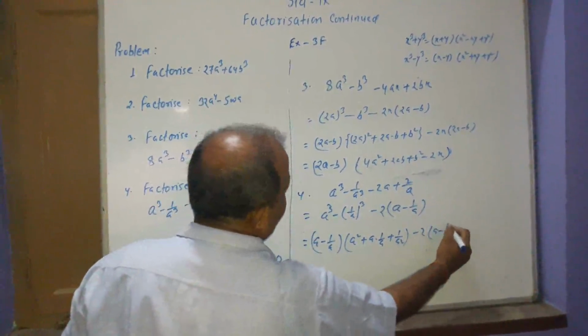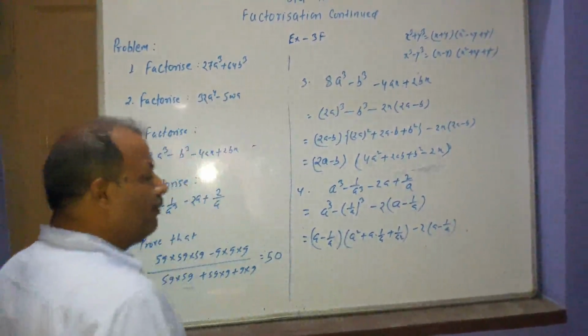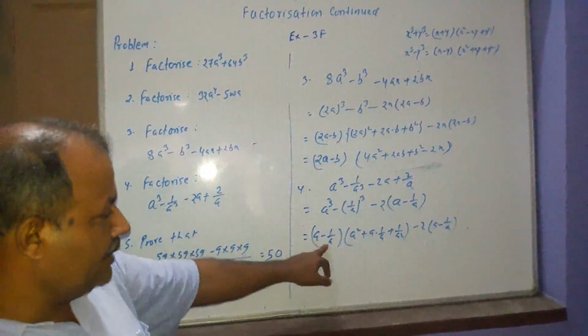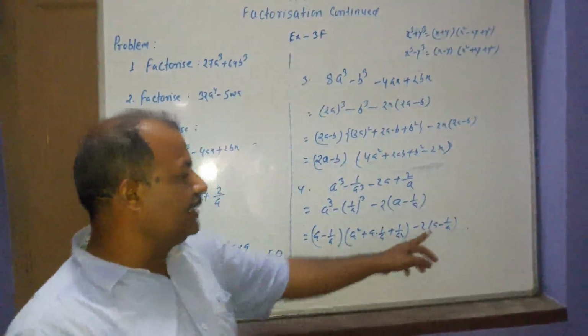Then minus 2 into a minus 1 by a. Now we find a minus 1 by a is common in both of these terms.